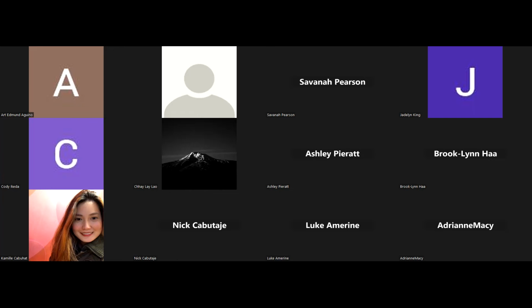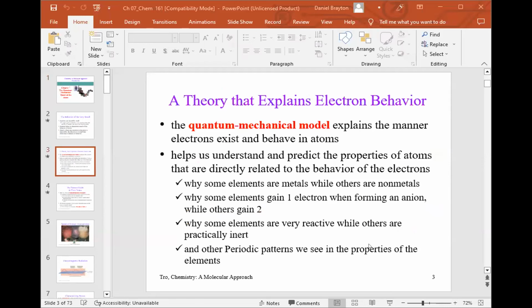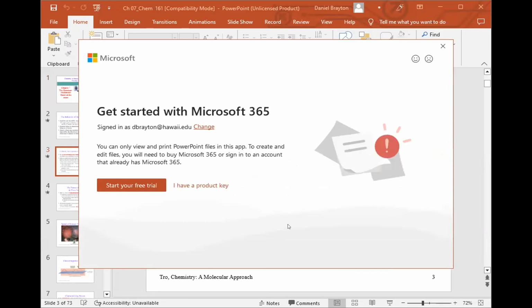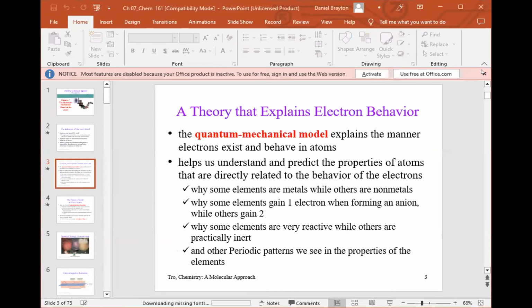Pull up a picture of it, ads opening slow. No, I don't want to start my free trial. Got it. Go away.